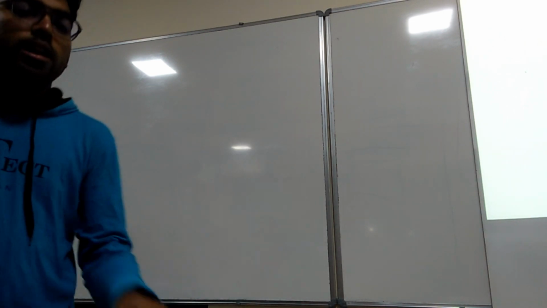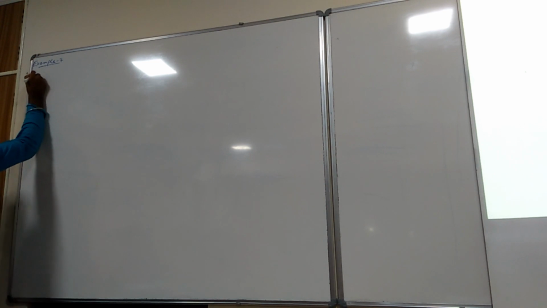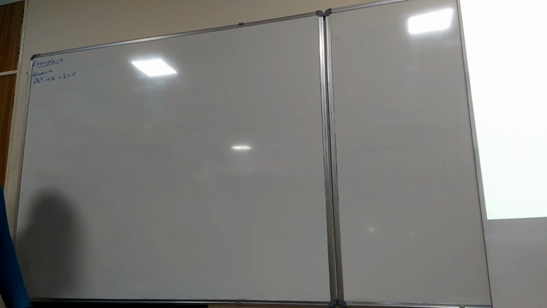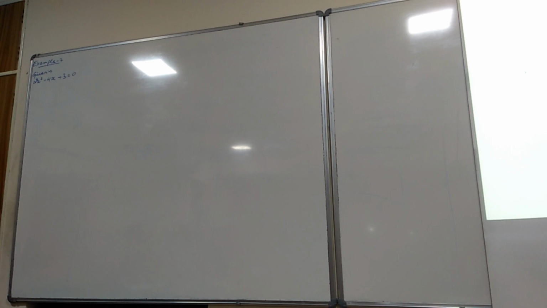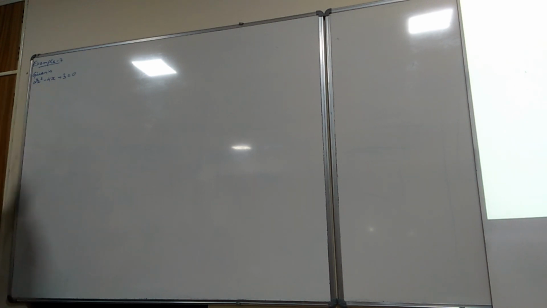So the given quadratic equation is 2x square minus 4x plus 3 equals 0. Pens down, don't copy, I'll give you time. Okay, so this is the given quadratic equation.